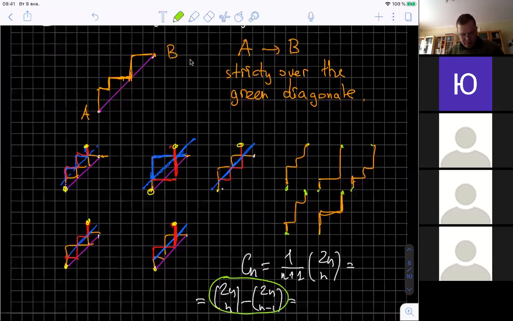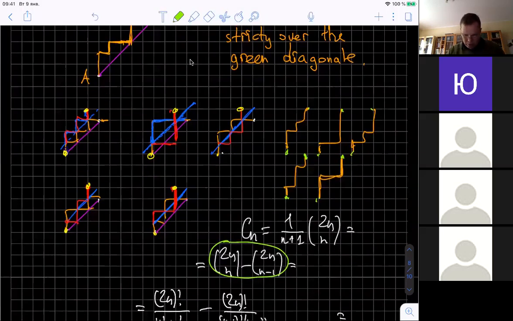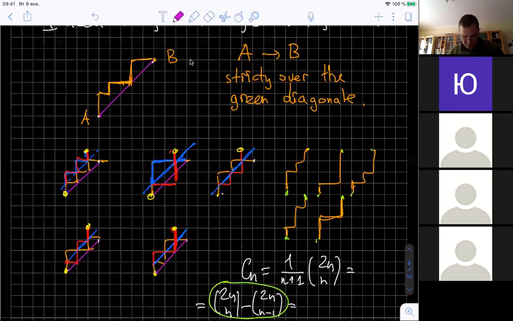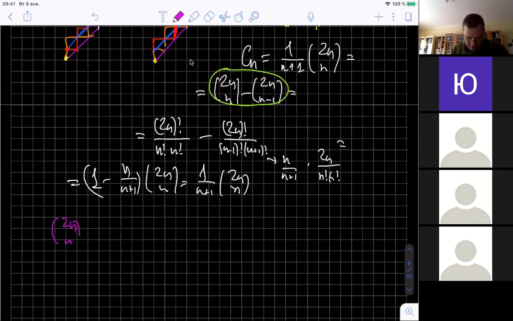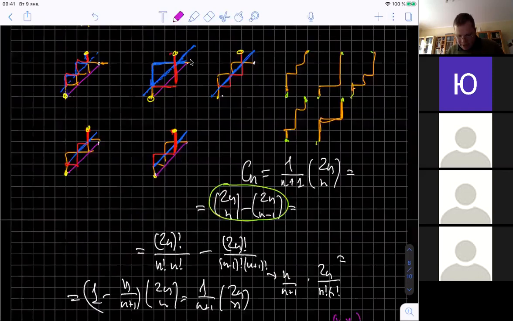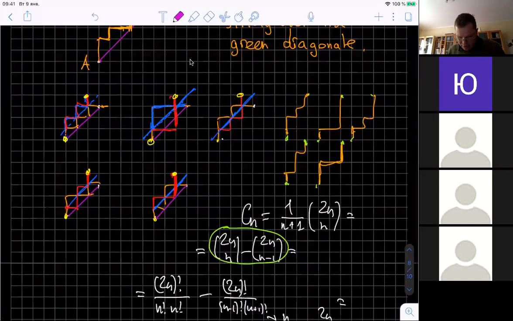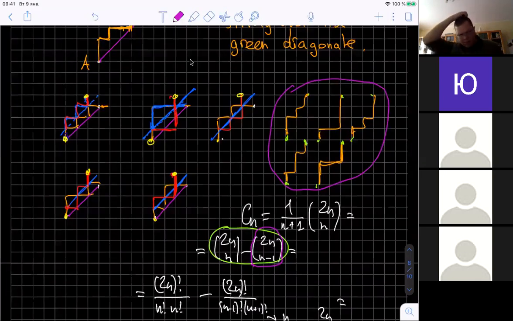We have in total 2n choose n possible ways going from 0,0 to n, and we have exactly this number of bad ways that go fully under the diagonal. I want to prove it using this technique, and I think I will finish this in the next lecture.